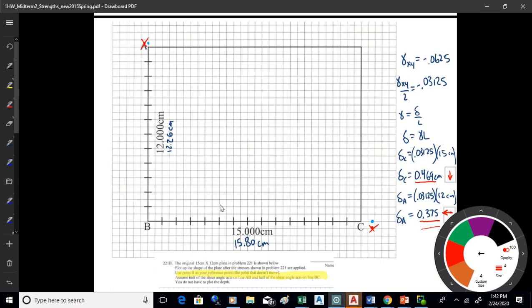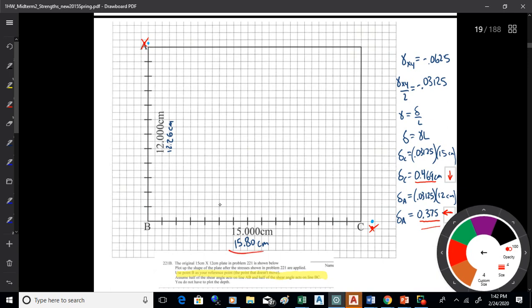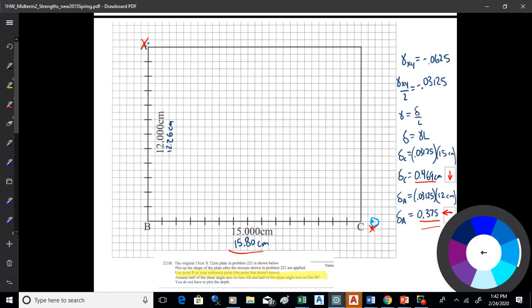The length of BC is now 15.8 centimeters, so I'm moving that line out. I'm showing that as coming out to there, because that's 0.8 centimeters out. This other one is 0.2 centimeters. So that's 0.26 centimeters. That's 0.8 centimeters. Okay. Then I have a 12 centimeter line there.